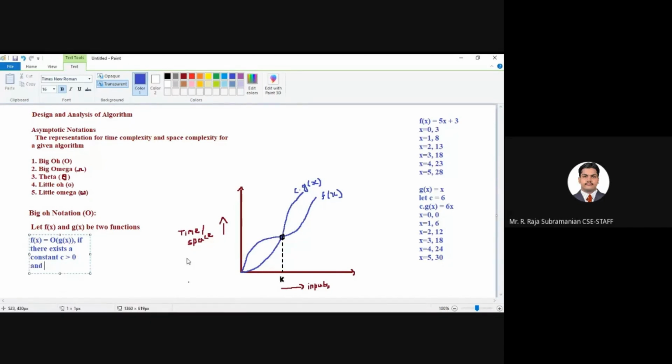And I should take another value called k. What is that k value? After that point, g of x will be greater than or equal to f of x. k can be greater than or equal to 0 also.